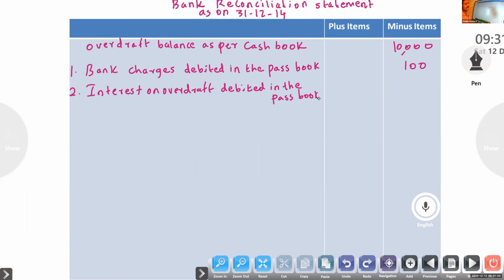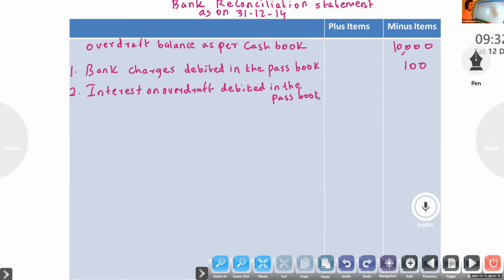Sir, plus. Tomlin, debited in the passbook means passbook increase or decrease? Passbook increase. Debited in the passbook means passbook decrease.